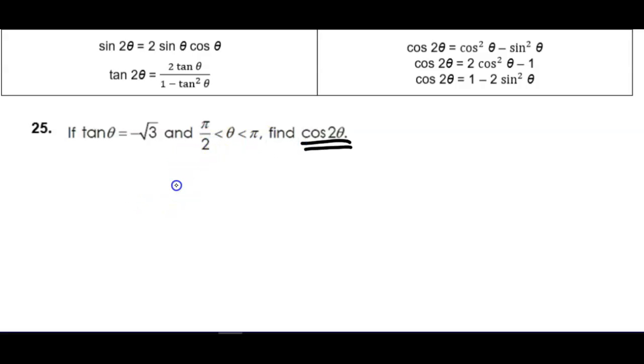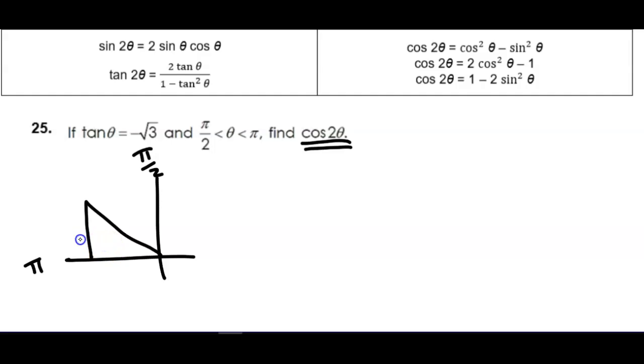All right, pi over 2 and pi. Pi over 2 and pi means we are in quadrant 2. If the tangent is negative square root of 3 over 1. All right, sorry about that. Tangent is opposite over adjacent.